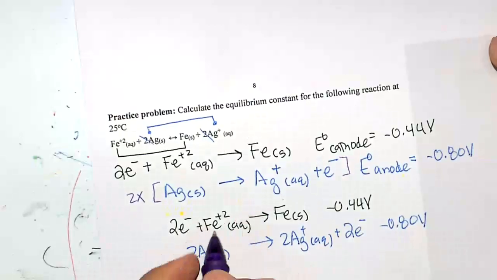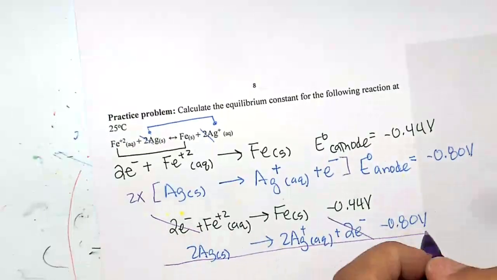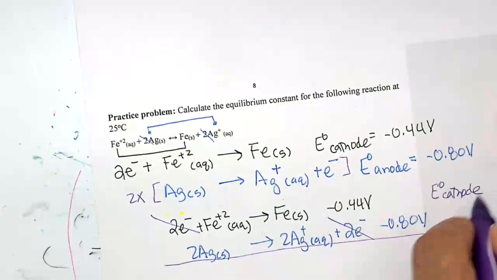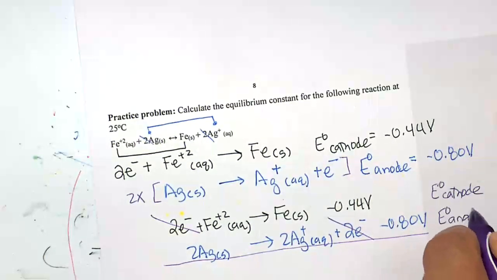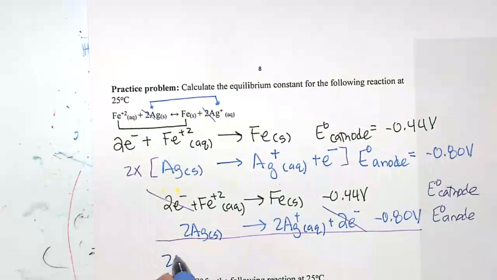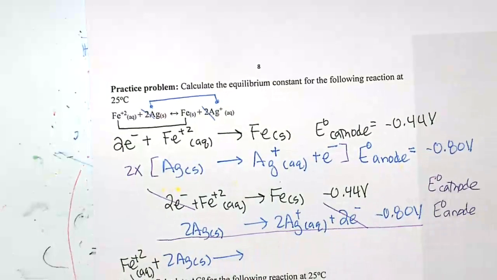So this is a 2 electron transfer reaction. Okay, so we have the E cathode and the E anode. We add them up, we get 2 Ag solid, goes to Fe plus 2 Ag solid, goes to Fe solid plus 2 Ag plus.